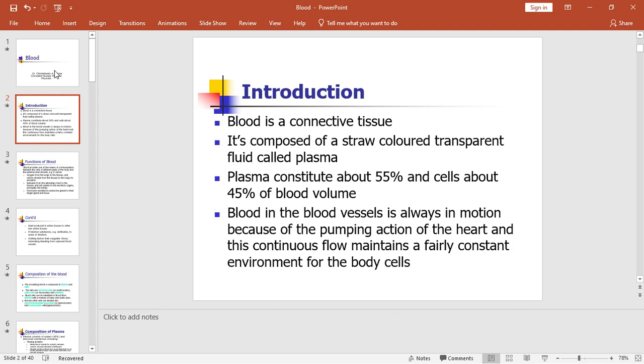But at the same time, the blood also takes away the waste products of metabolism of the various parts of the body so that they can be excreted either through the lungs, the kidneys, or the skin, as we have learned already.